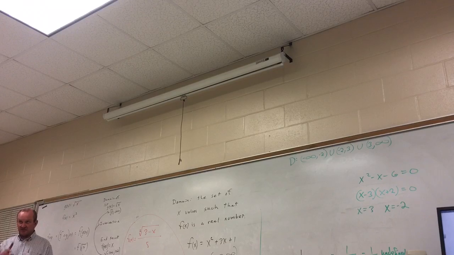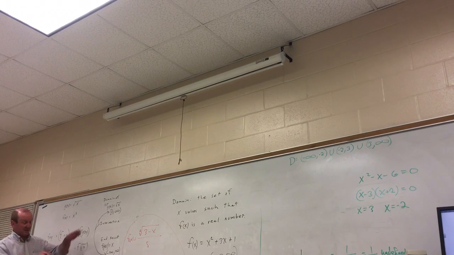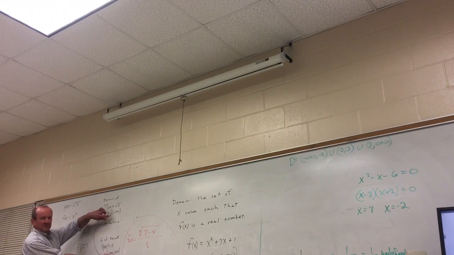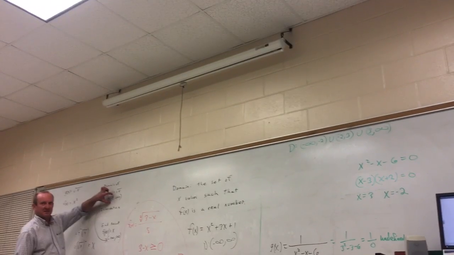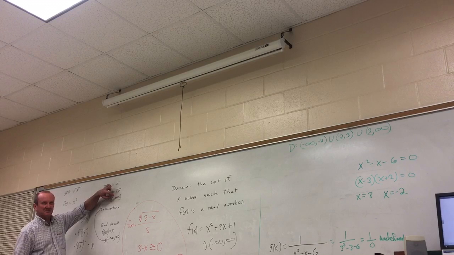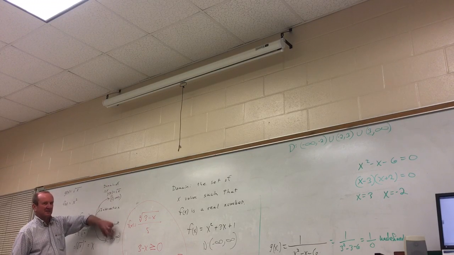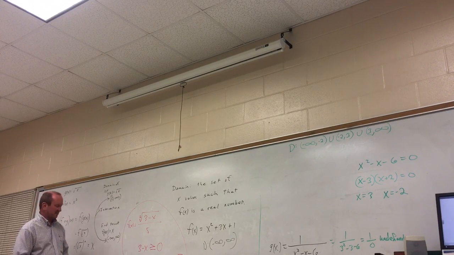What values do they have in common? This domain is every possible real number, and this one's restricted from 0 to infinity. So this is the intersection, all these are in here, and so that's my intersection. And that's the domain.